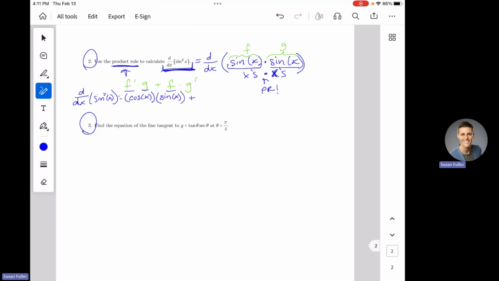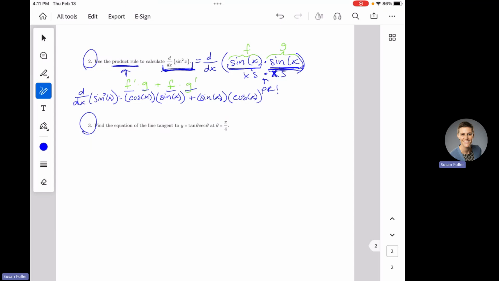Plus f as is, that's just the sine of x as is, times the derivative of g, which is the derivative of sine. The derivative of sine is cosine of x. And that's the product rule. So notice in the first one, these parentheses aren't really doing much.